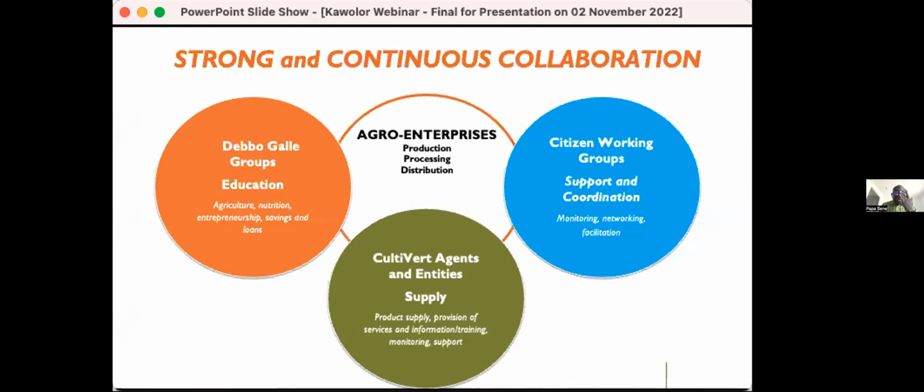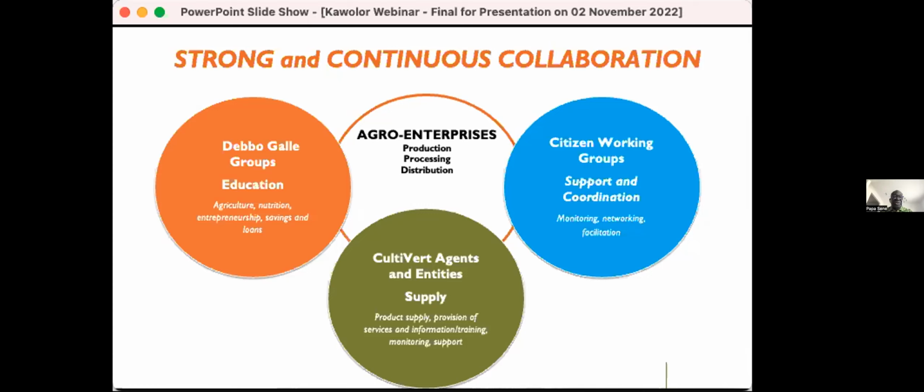On that next slide, you can see the interactions that happen between those four organizations, and you can see that they have a very strong connection between themselves. You can also see the functions: the Debogale groups do a lot of education for behavior change, the cultivar groups supply information and whatever people need, and the citizen working group provides support and coordination.